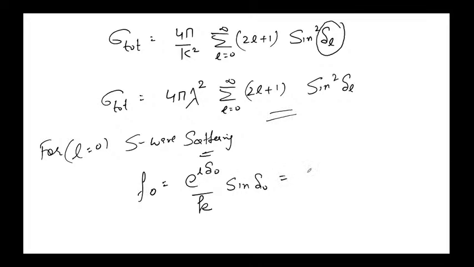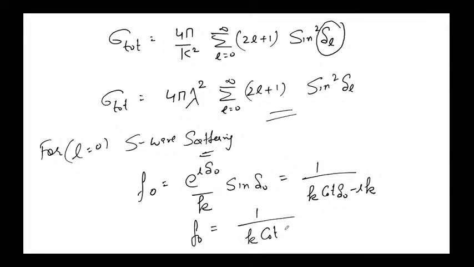This we can also write as 1 over k cot sigma naught minus ik. So f naught is 1 over k cot sigma naught minus ik. Similarly, from this scattering amplitude for S wave, you can calculate the total scattering cross section for S wave when L is equal to 0.